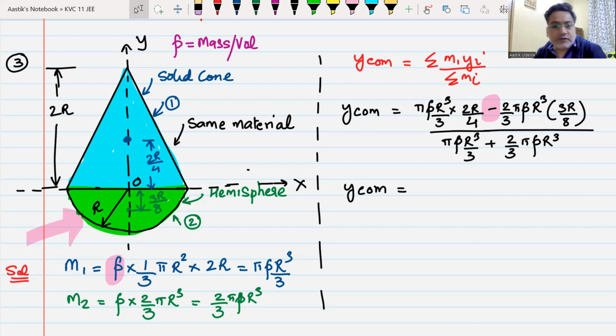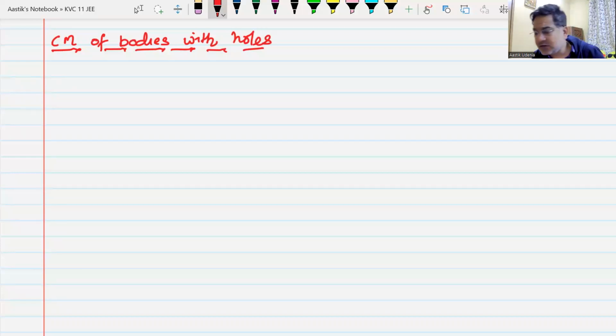In today's class, we are going to see center of mass of bodies with holes or vacant spaces, where we have cut some part out.